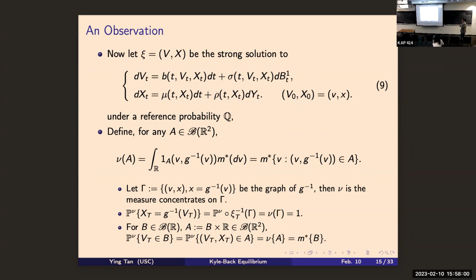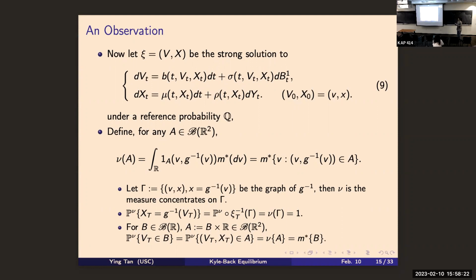So the first step is to construct the distribution for V capital T and X capital T. We treat them as a two-dimensional random variable, and we construct the distribution for it, and then we can have the P nu, the probability.